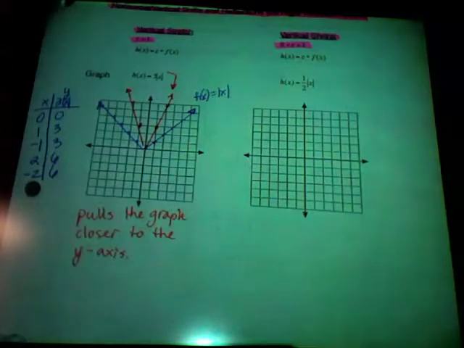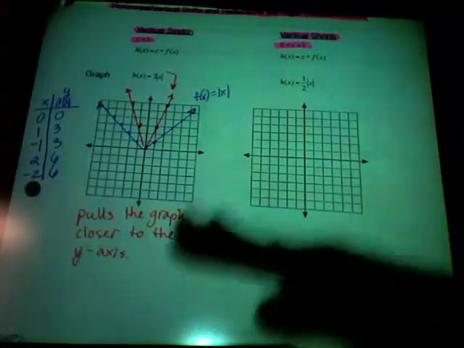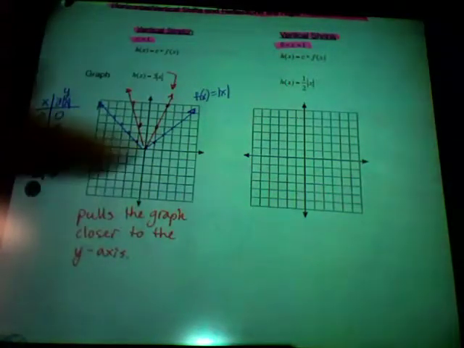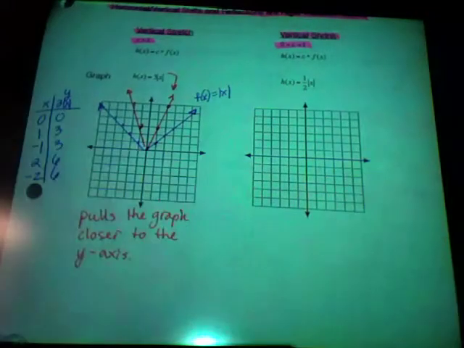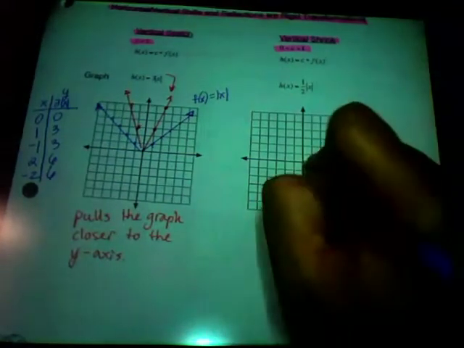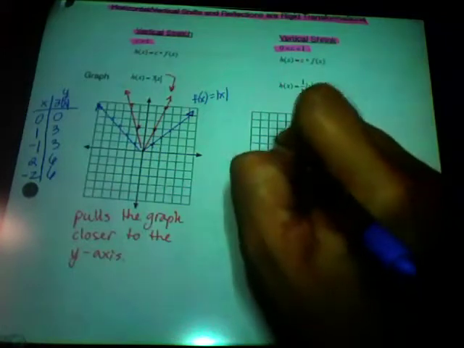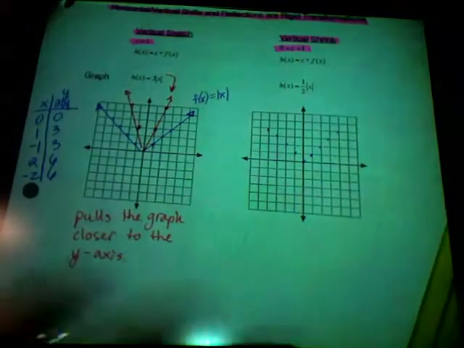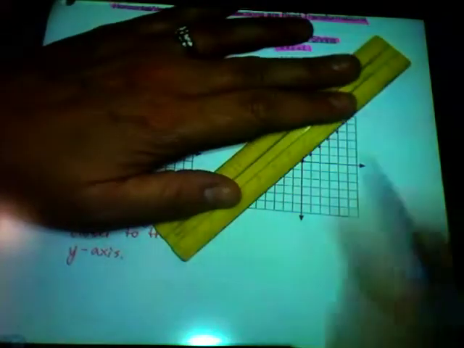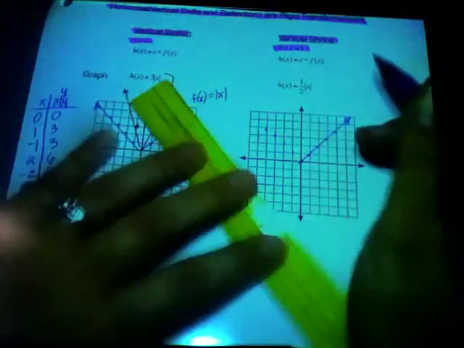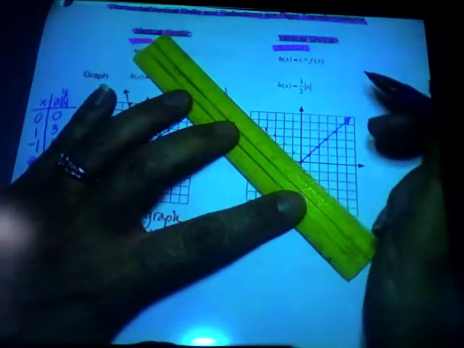What do you think the vertical shrink is going to do? It's going to push it down, make it fatter, so to speak. This is skinnier. This is going to get fatter. So again, our general absolute value looks like this. And of course, the better that you know your common functions, the quicker your graphing will be.